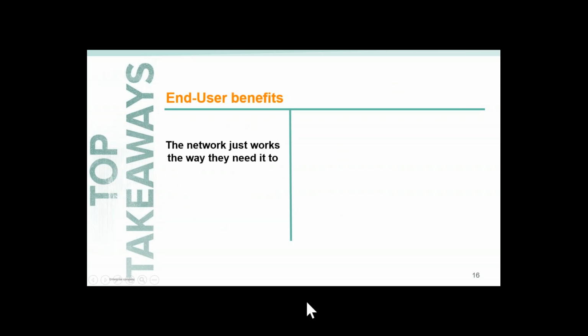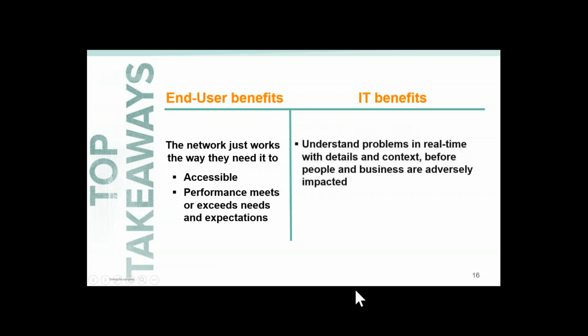And then end user benefits. The network just works this way. We need it to work. It's accessible. Performance meets or exceeds the expectation. Not, it's not working right, our network stinks, blah blah blah. It's meeting or exceeding what you want it to be. And then for IT people, you understand the problems in real time, details, context, where it is, and why it's adversely affecting your business.